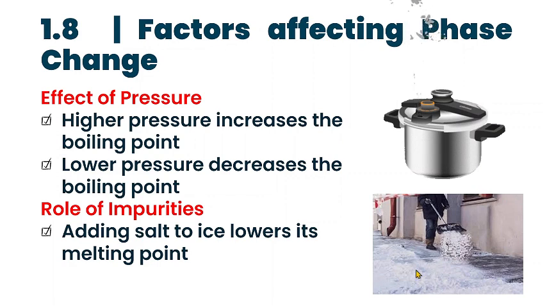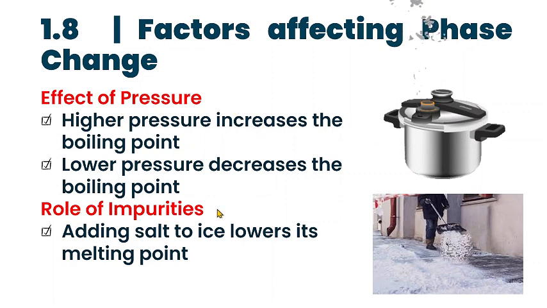That happens, if you notice, exactly inside a pressure cooker. Also, oppositely, lower pressure decreases the boiling point. And that's why we can quickly cook meat inside the pressure cooker because of higher pressure and higher boiling point.